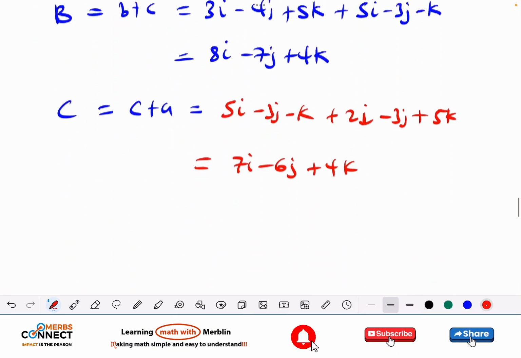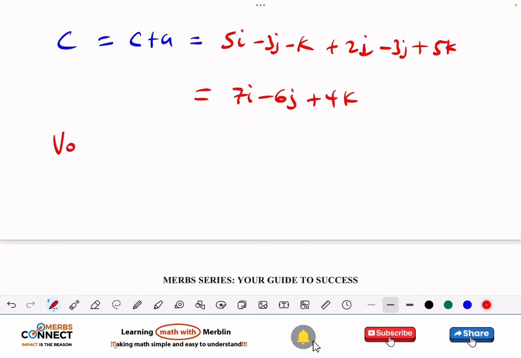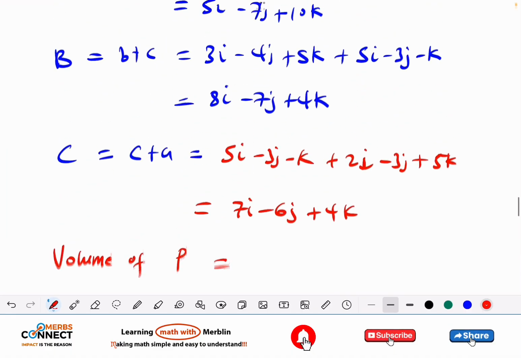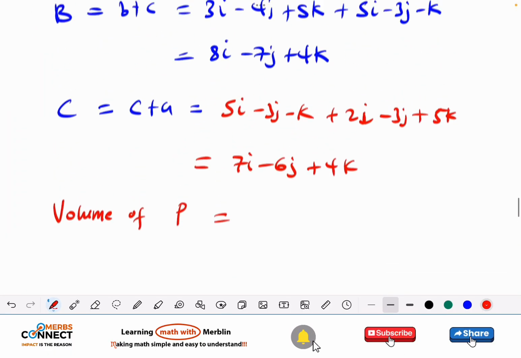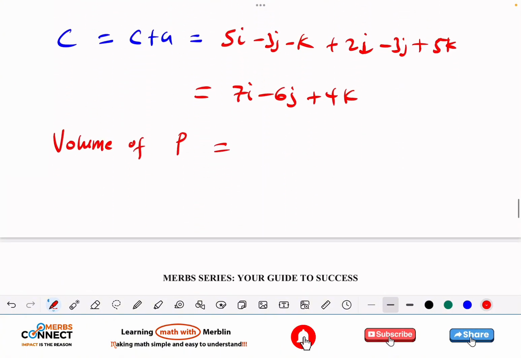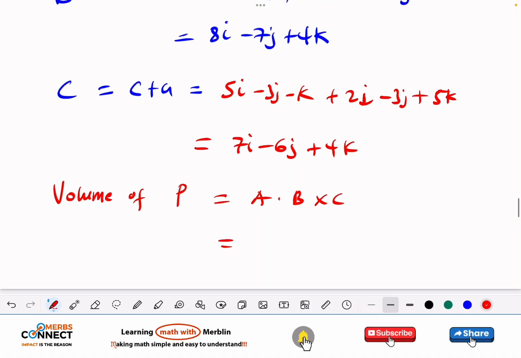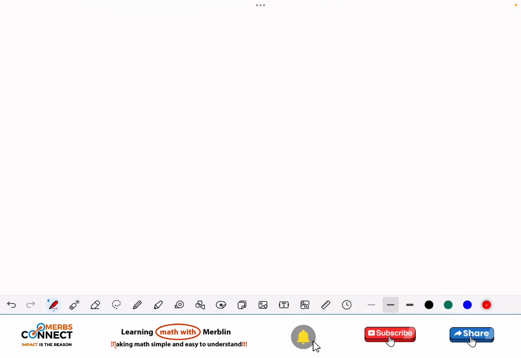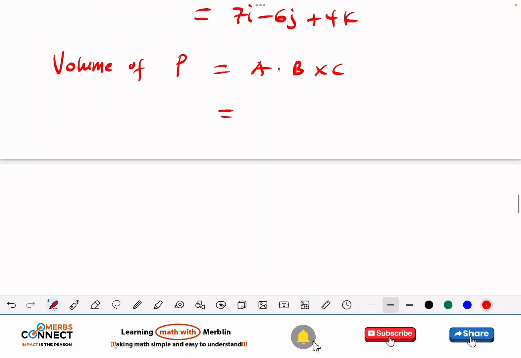Let's just try and put them in. So the volume of the parallelepiped is now equal to A dot B cross C. And this is the same as finding the determinant. So this is going to be like this.